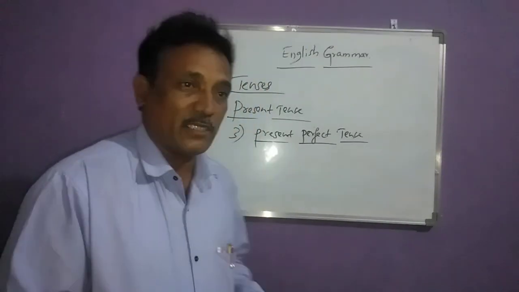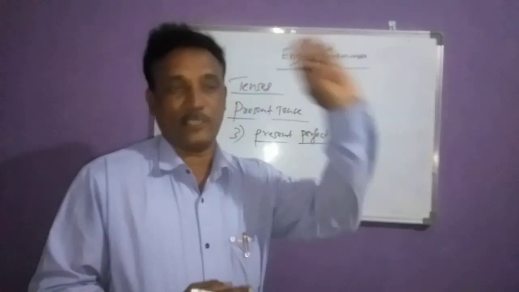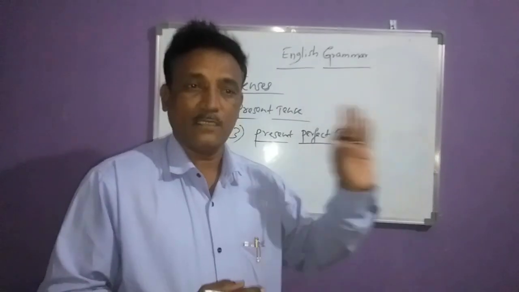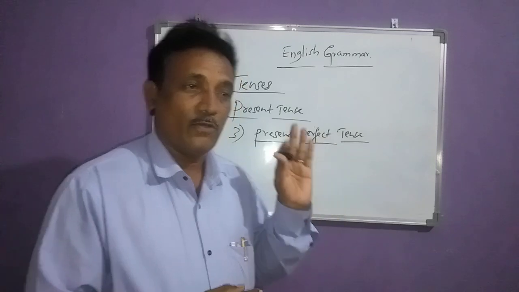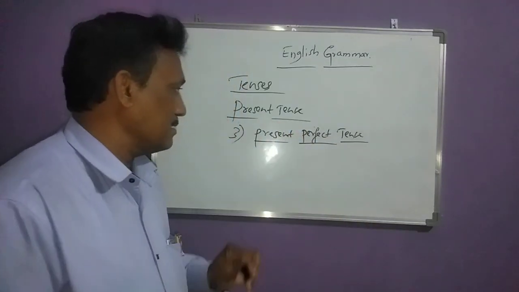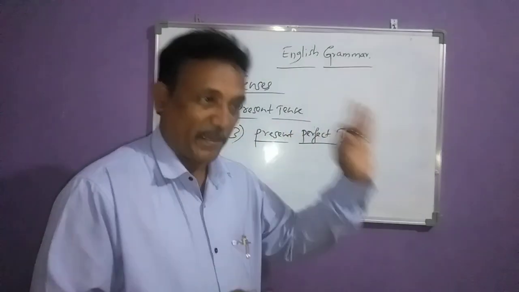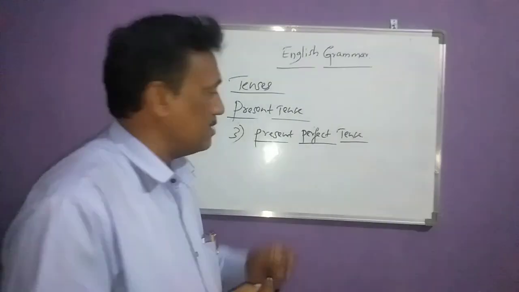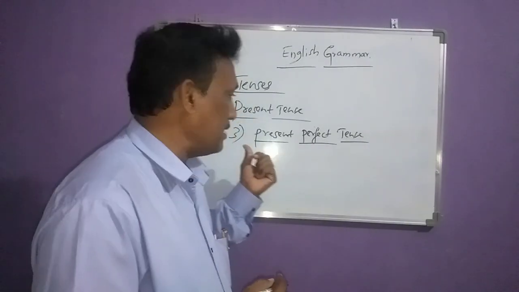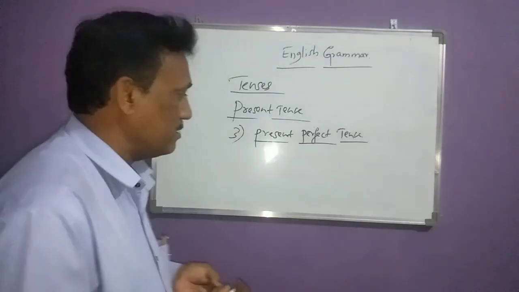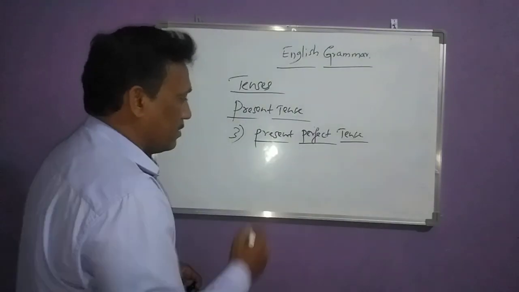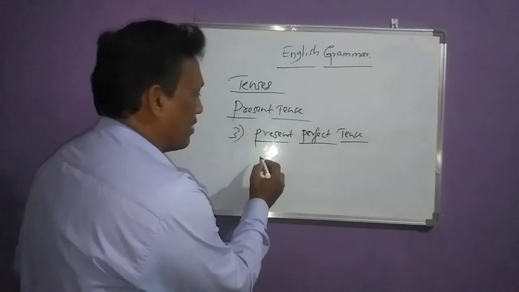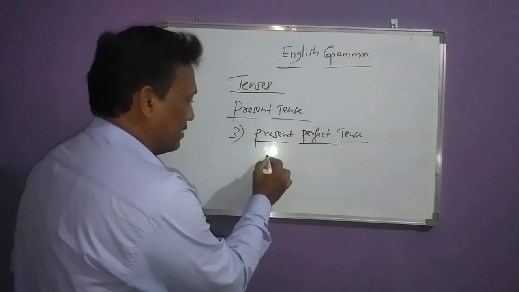So the activity is already completed just now, and that work is called perfect. In order to denote that, the present perfect tense is used. So in present perfect tense, we need to understand what formula exactly we need to follow.